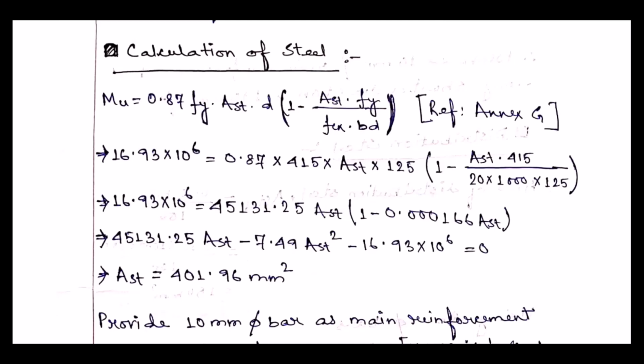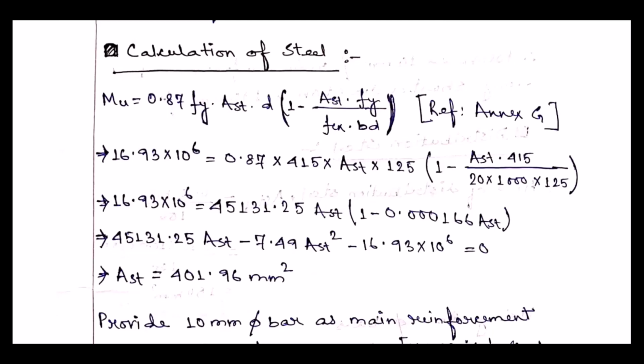For calculation of steel, we have to use the formula for Mu from Annex G of IS 456-2000, and the formula is Mu is equals to 0.87 Fy into AST into D within bracket 1 minus AST into Fy by Fck into B into D, bracket close. If we put all the values except area of steel, then we will get the area of steel, that is AST.